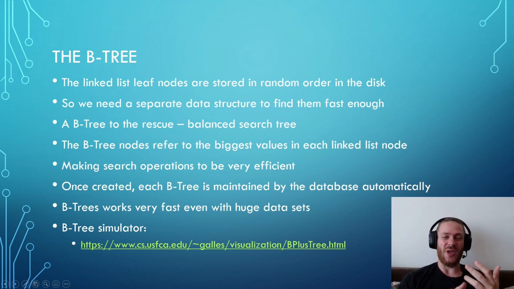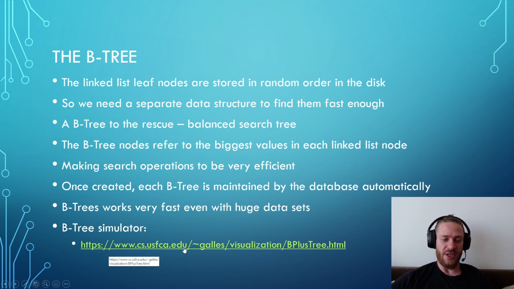So every time you insert a new entry, delete an entry, or update an entry, the B tree is automatically rebalanced, so the search is still efficient. And B trees work super fast even with huge data sets. Usually the B tree is not the performance bottleneck of an index.